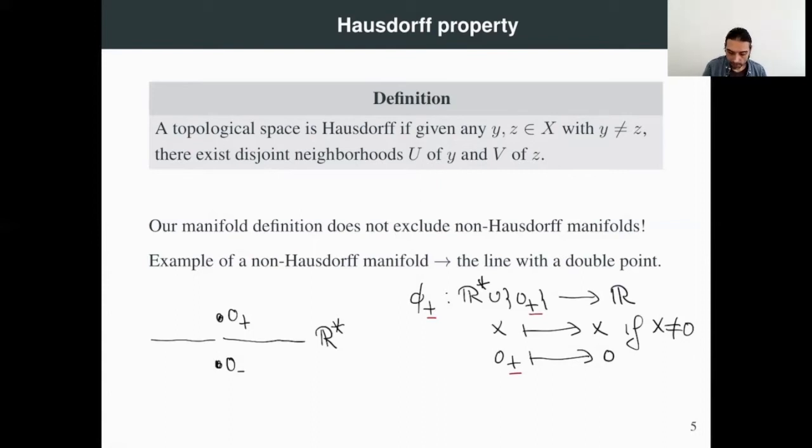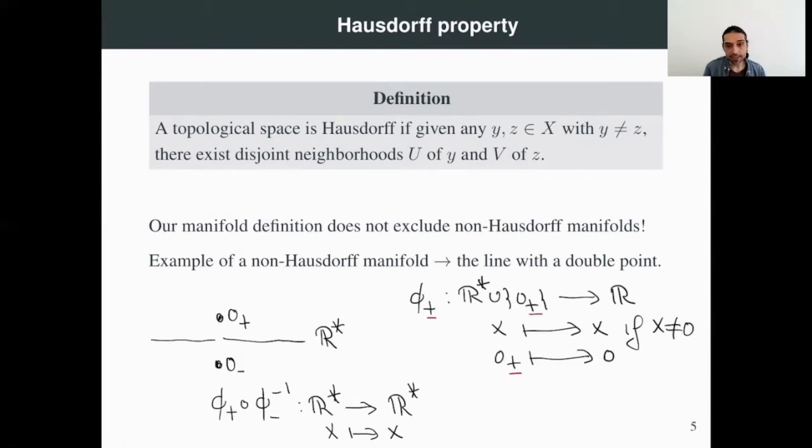And what happens is that the change of coordinates is defined in R star, and it's just the identity map. Indeed, we could use these charts to give a topology to this space.